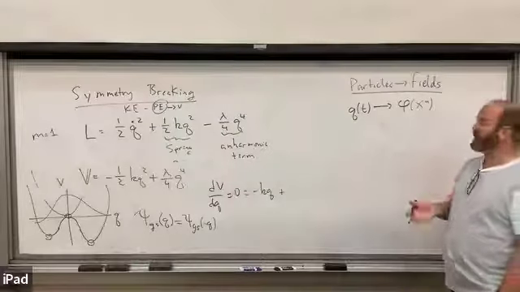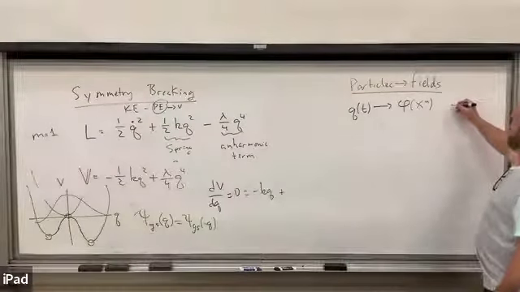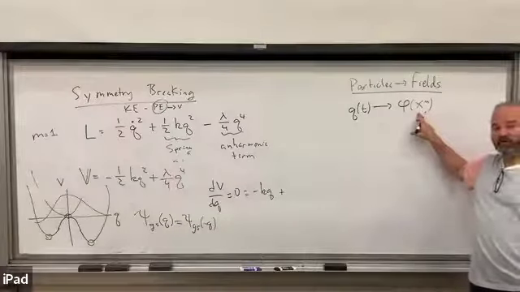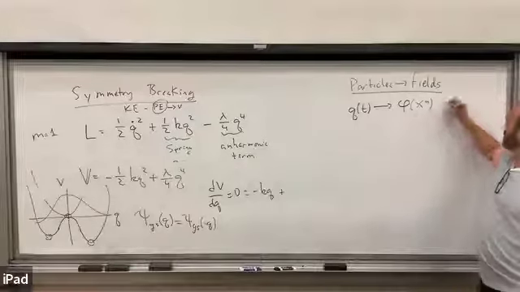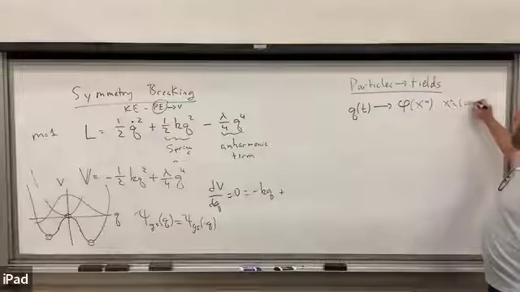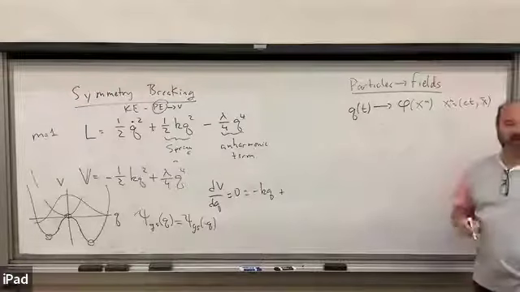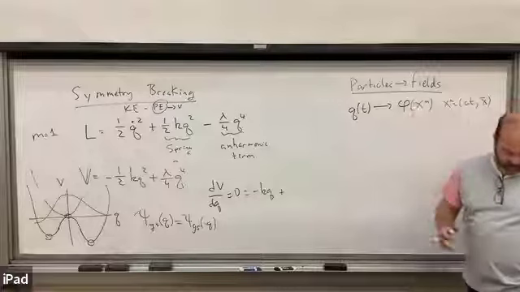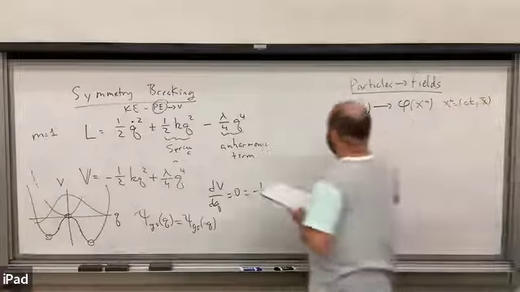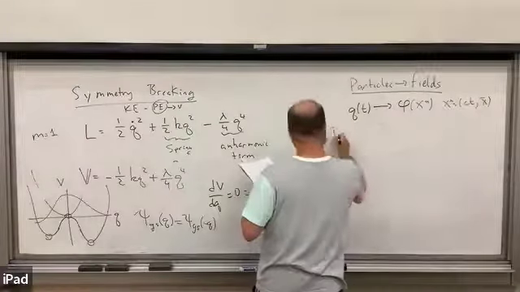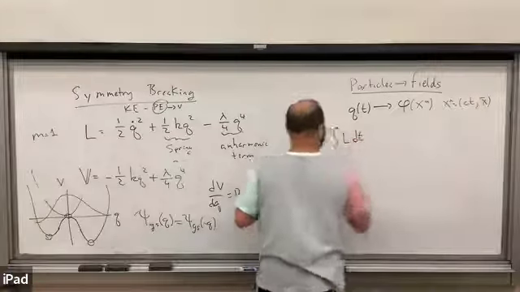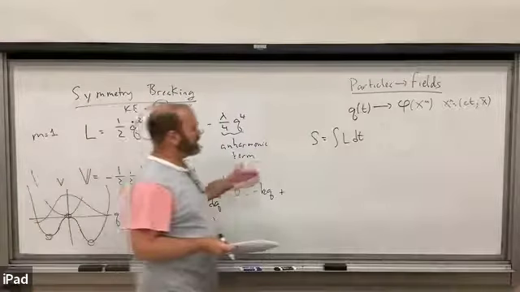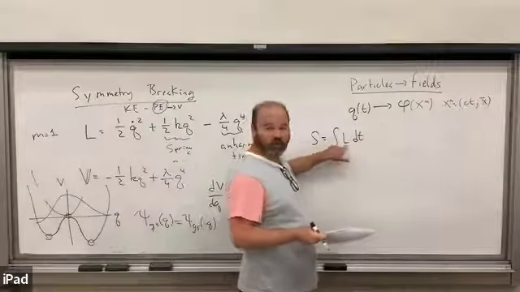If you haven't encountered relativistic notation before, let me do a quick aside. Are you guys familiar with this relativistic notation? x mu means the time part and then the spatial vector like that. So I've gone from time dependence to space-time dependence. The variation of the action is how you get your equations of motion in classical mechanics, and that's the time integral of the Lagrangian.